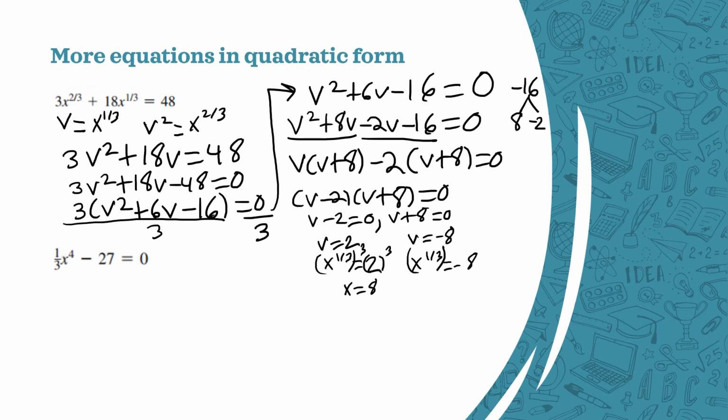And then cube this side, it's x equals negative 8 to the third power, which is going to be negative 512. So therefore, x equals 8 and negative 512.